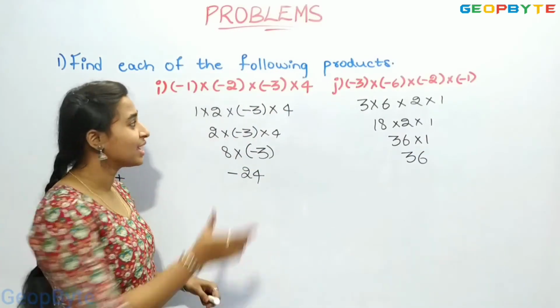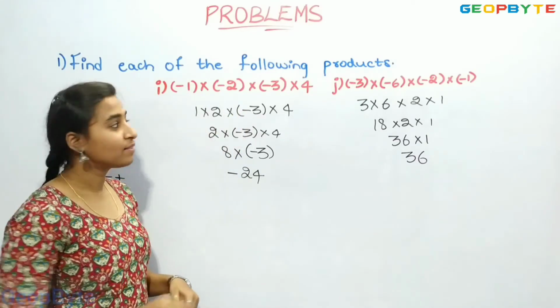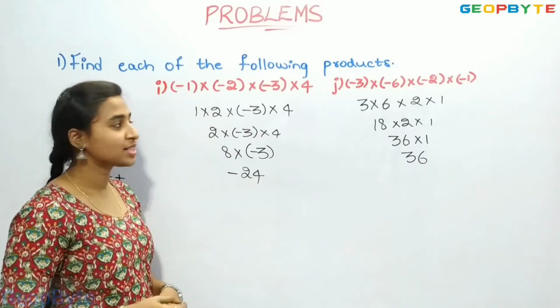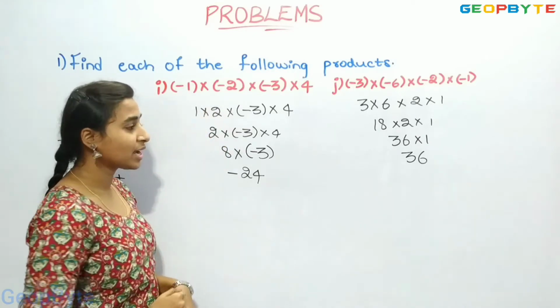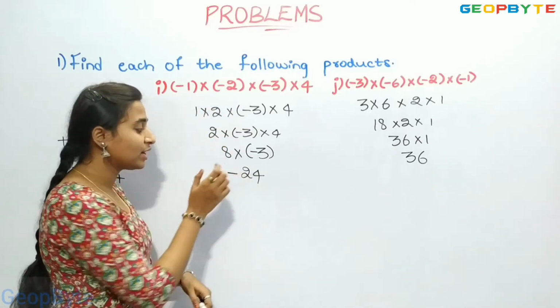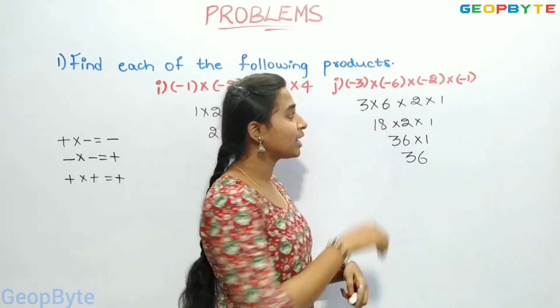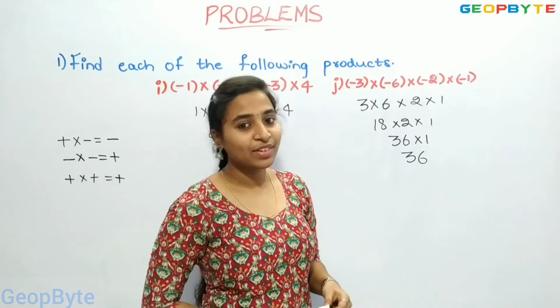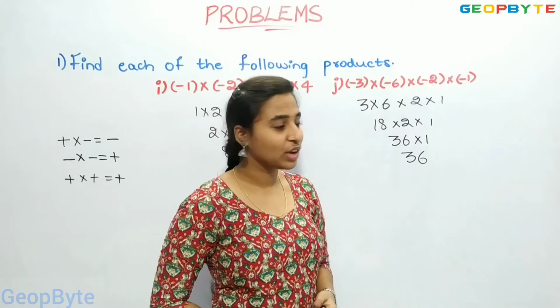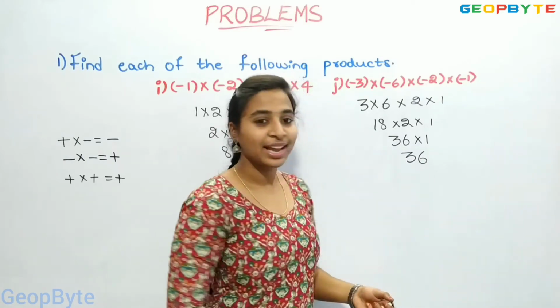If you see, in the previous case, we have odd number of minus signs, that is 3 minus signs. We got negative integer as answer. In this case, we have 4 minus signs, that is even number of minus signs. We got positive integer as answer.